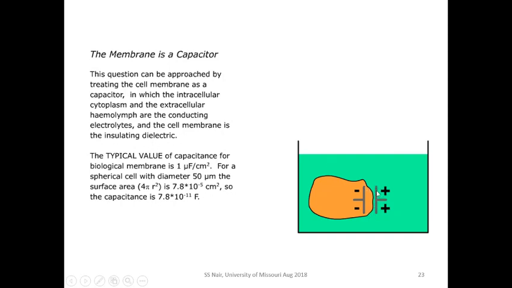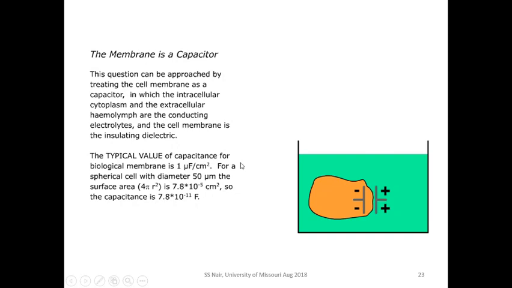So the external hemolymph, external extracellular fluid, is this plate. So it's a liquid plate. And this internal plate we have is cytoplasmic fluid. So the capacitor plates are actually liquid plates in the case of neurons in our brain. The cell membrane itself is the insulating dielectric.